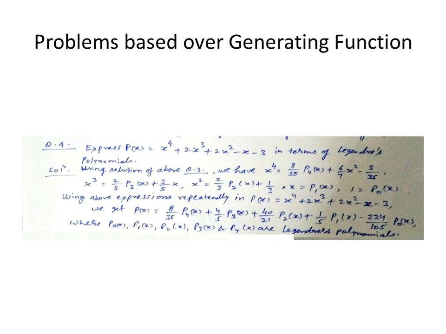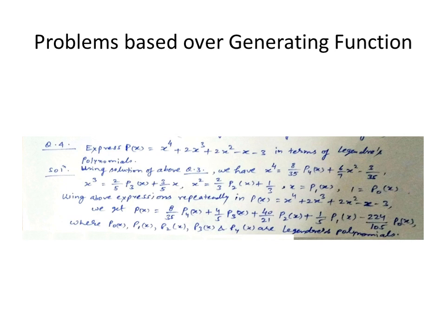Now 6 by 7 x square is to be added with 2x square, which is already available in p(x), and 2x cube is obviously there, and minus x minus 3. That means next you have to use the value of x cube in terms of P3(x) and x. Similarly, repeatedly you have to substitute x cube, x square, x and the value of constant 1.